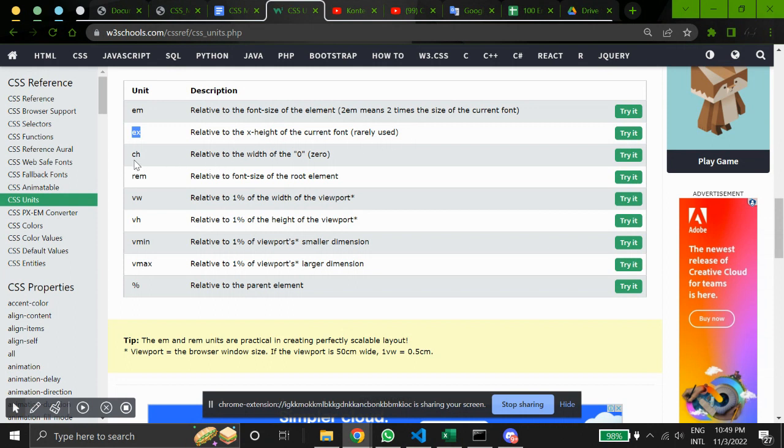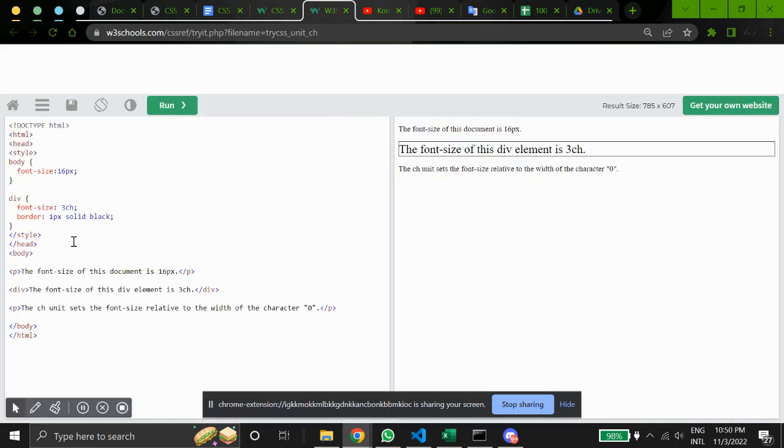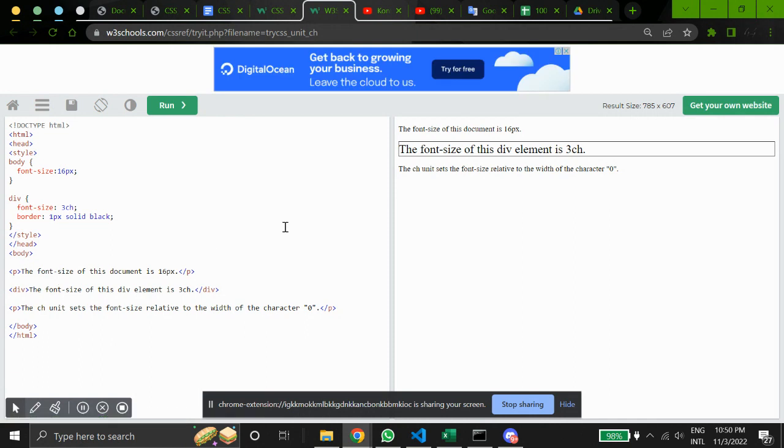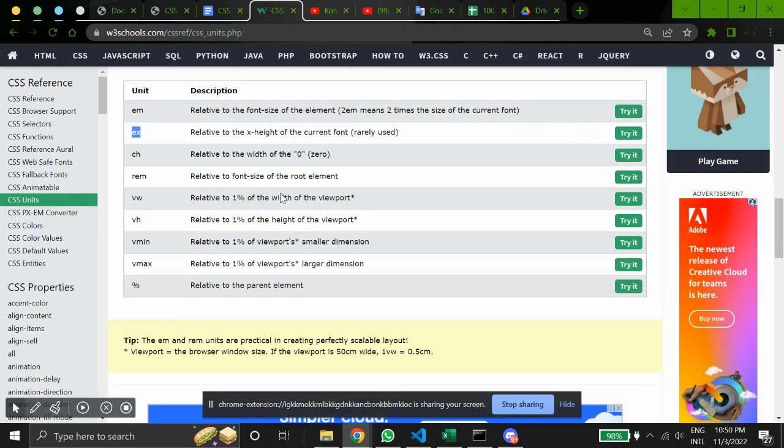And also we have ch, which is relative to the width of the zero. Let's see an example of it. Okay, I don't really understand what it is, but more importantly it's relative to the width of the zero.